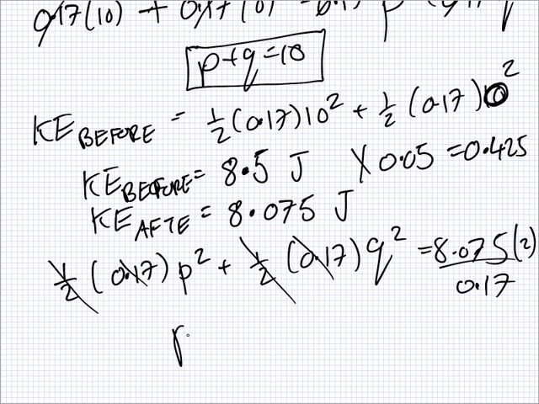So I'll get p squared plus q squared. Now, can you just do 8.075 multiplied by 2 and then divide that answer by 0.17? 95. Is it exactly 95? Sweet. 95.